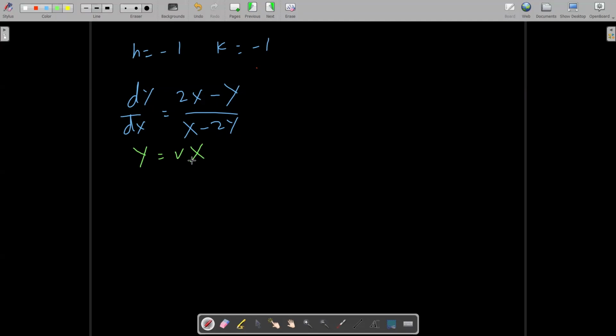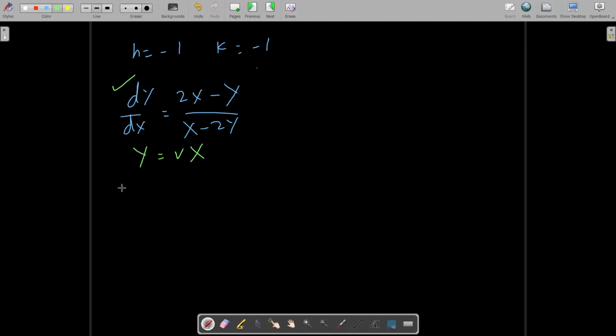So we have to find the derivative dy by dx with respect to capital X. Whenever we take a substitution in derivatives and integration, we have to convert everything in terms of that substitution.